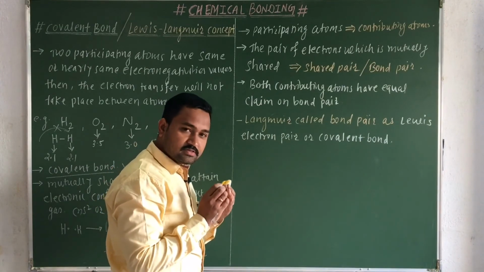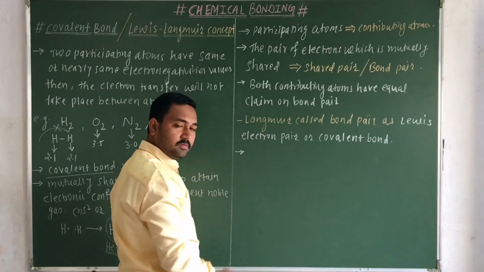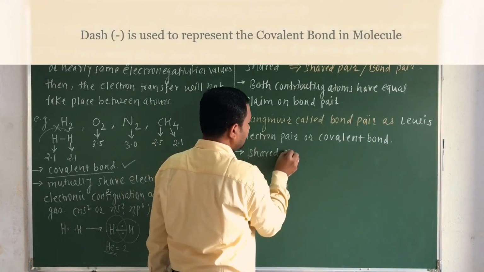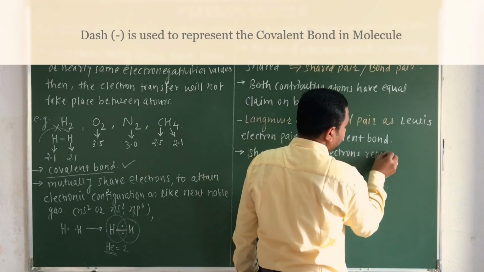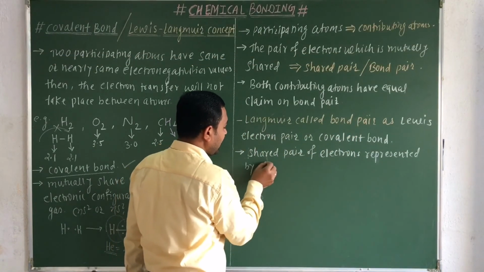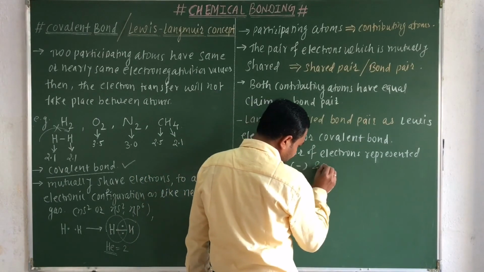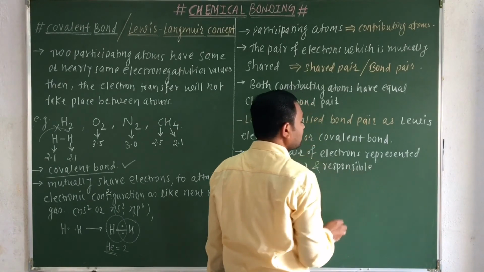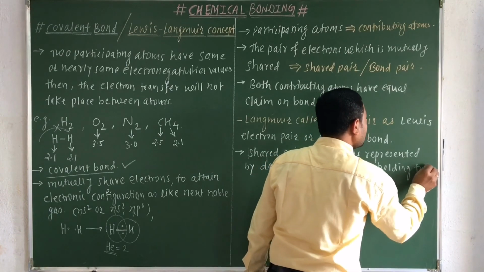Whenever we consider a covalent bond and represent the formation of molecules, the shared pair of electrons is represented by a simple dash, and it is responsible for holding the two atoms.